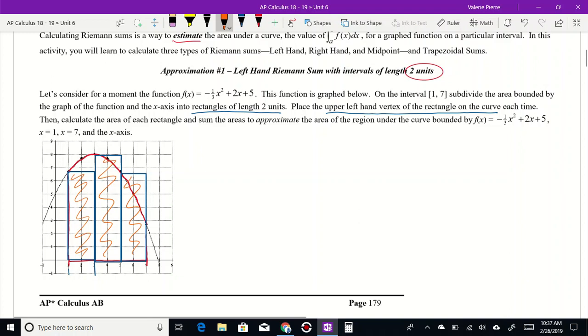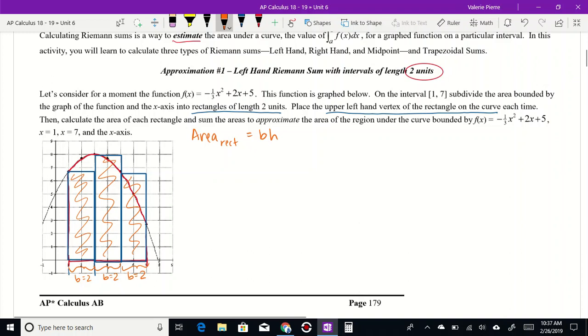So if I remember, the area of a rectangle is equal to base times height. Okay, so in this case, the base of all of my rectangles is 2, because all of my rectangles had a length of 2 units. However, the height of all of my rectangles are different.